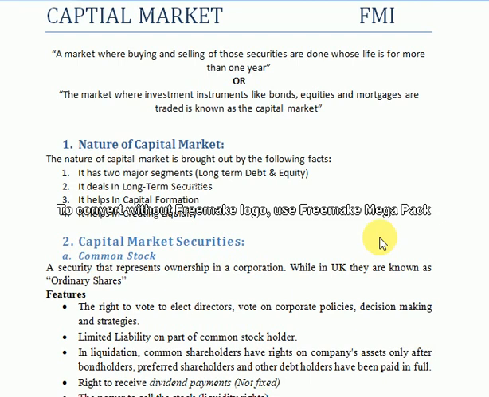Those securities are very liquid, so any time the investor wants to sell, they can easily sell such securities. So that's why this is the nature of capital markets, that they can provide liquidity to all types of securities which are trading.